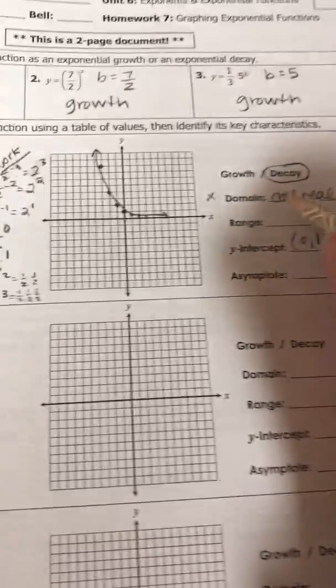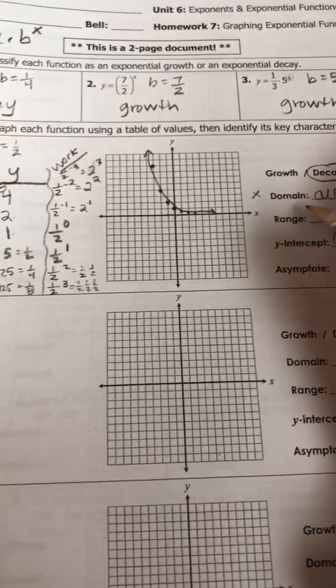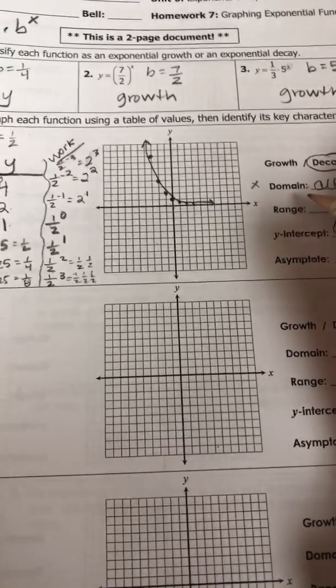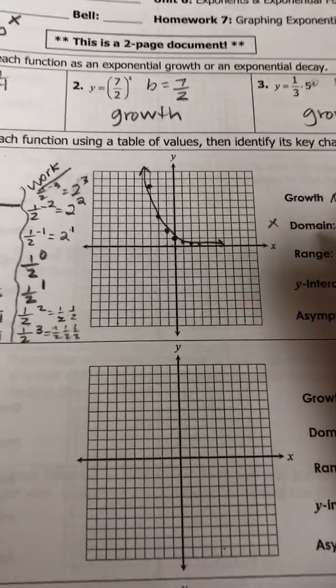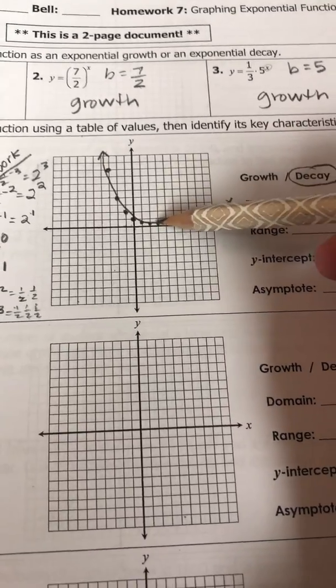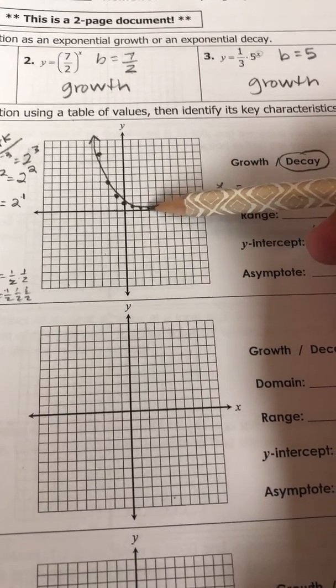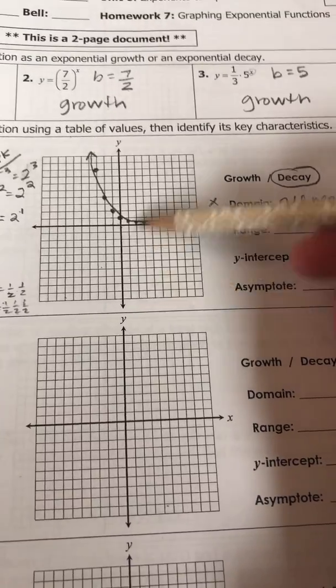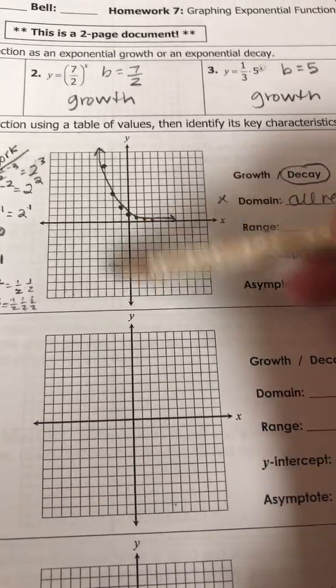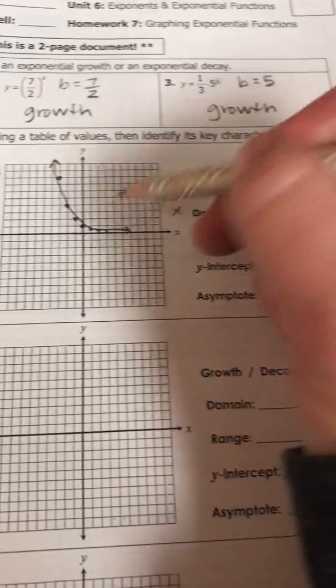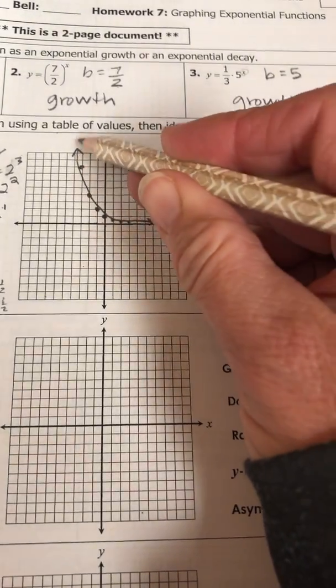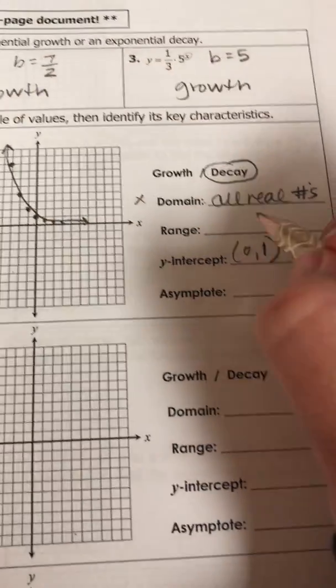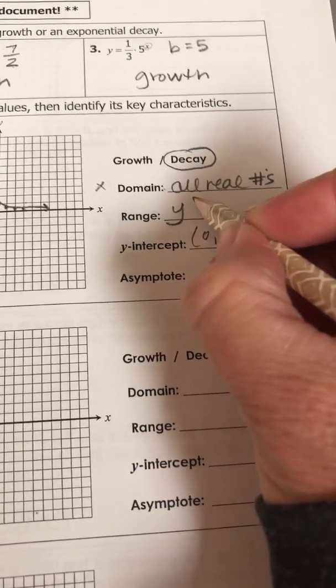My range is really, what kind of outputs can I have? What's the range of outputs that I can have? Well, if I look at this, are there any values where y is going to be less than 0 here? Well, it doesn't fill any of this in. It looks like it's going to keep going on and on forever, but in the positive territory.